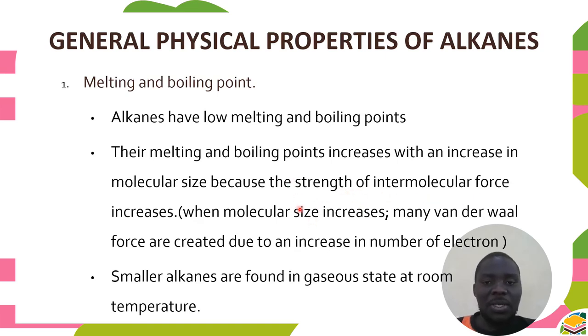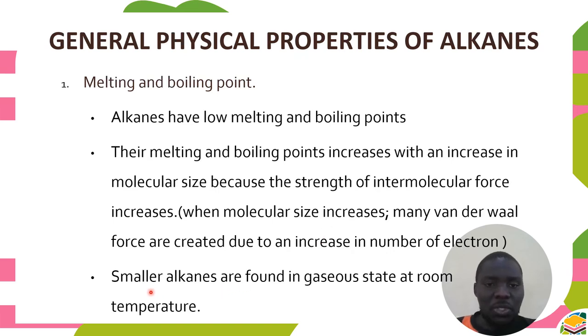Going down, you create a lot of weak intermolecular forces which are known as Van der Waals forces. Hence, we expect melting and boiling point to be increasing. Because of the increase of the intermolecular forces, there is also high force of attraction, so to break the bond, you need higher energy. That's why the melting and boiling point increases as we are going down the homologous series, starting from methane to decane.